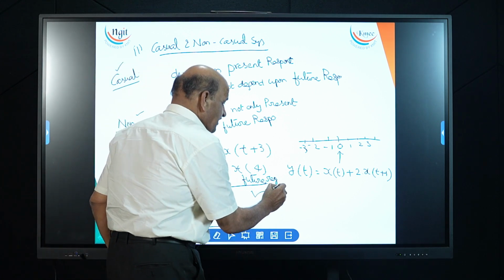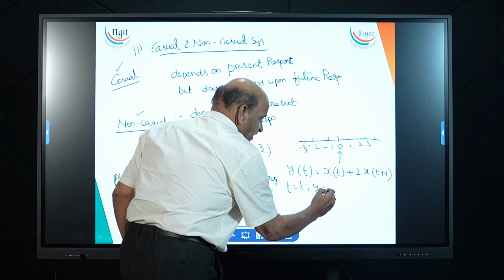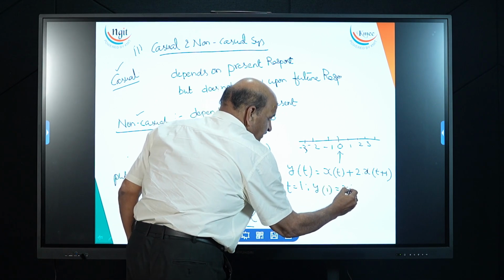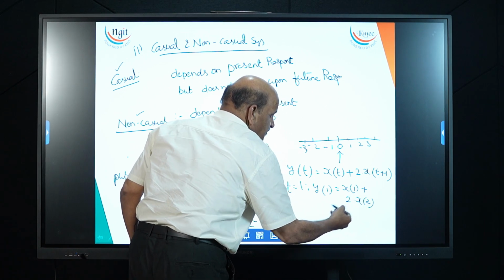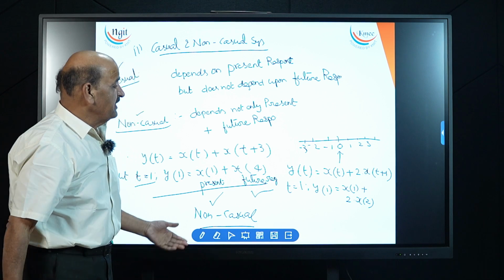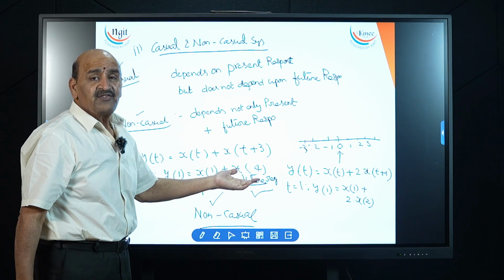Here also, if you put t equal to 1, what happens? y of 1 equal to x of 1 plus 2 times x of 2. In that case, what happens? Again it becomes a non-causal system.